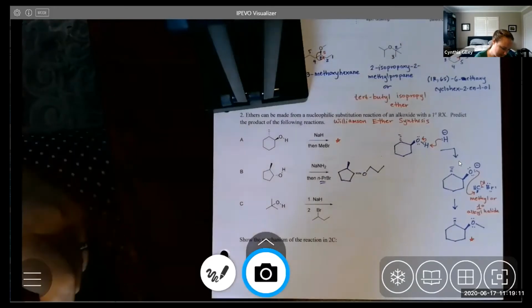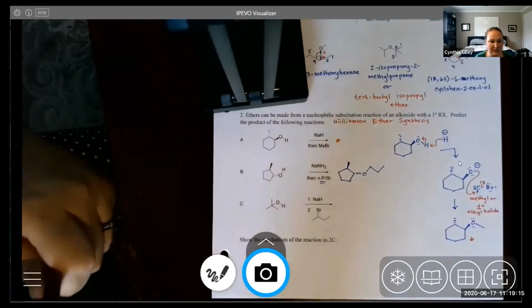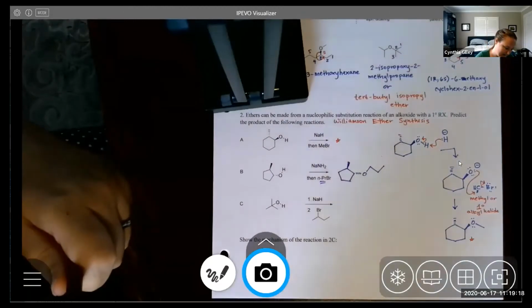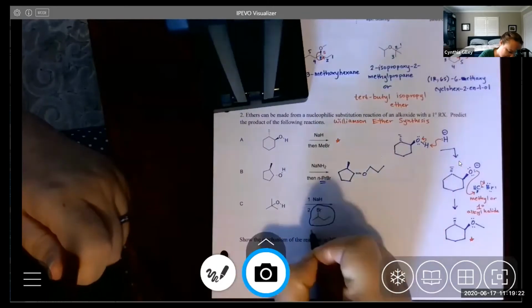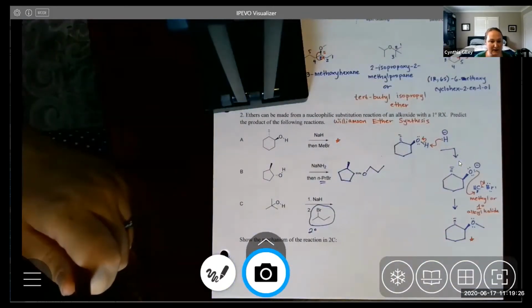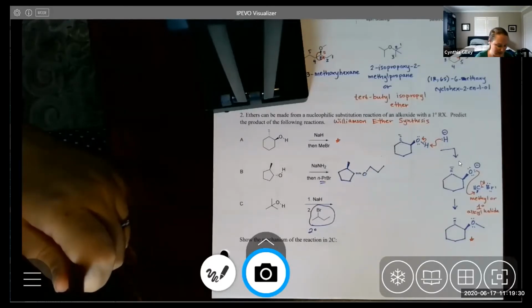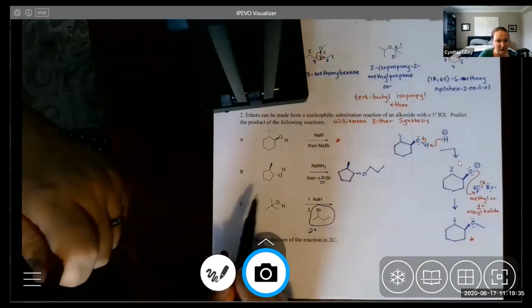Okay, so this is the one that is not actually going to do the Williamson synthesis. And the reason for that is this alkyl halide is a secondary alkyl halide. So it's not going to do an SN2 reaction with this strong base and strong nucleophile.